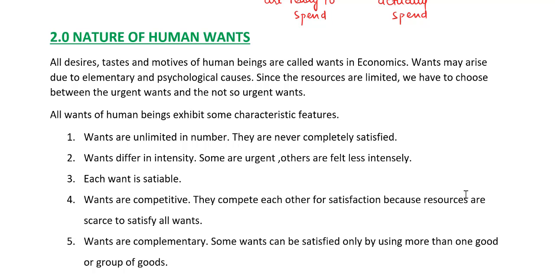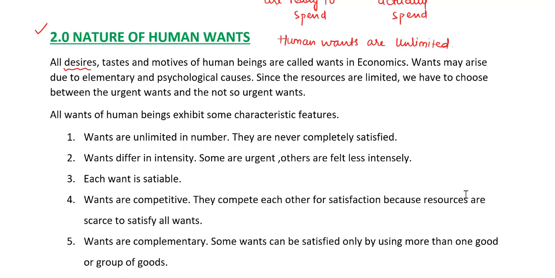The first topic we are going to cover today is the nature of human wants. Students, we all know that human wants are unlimited. As and when you cover a want, a new want will generate automatically.